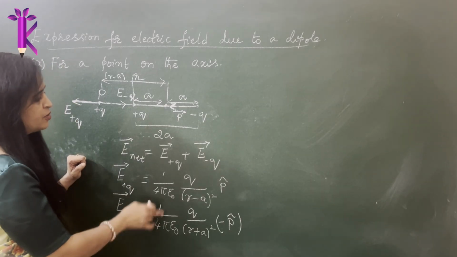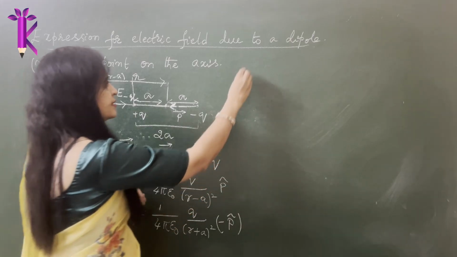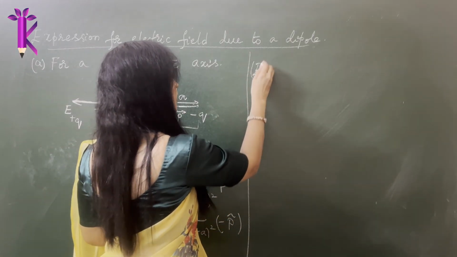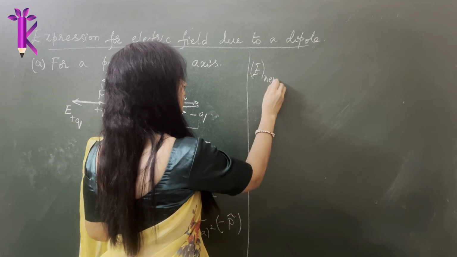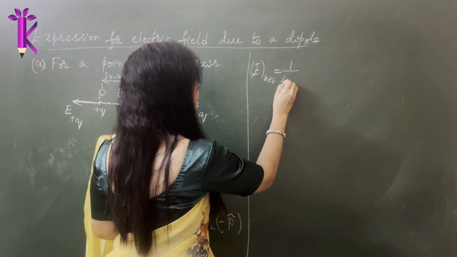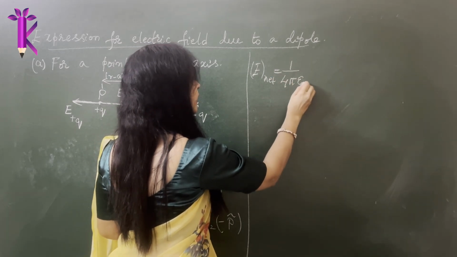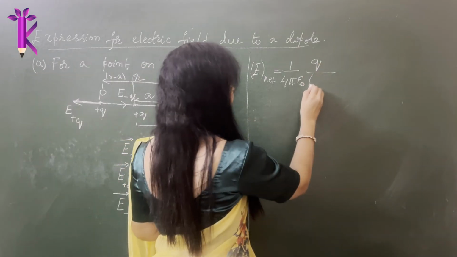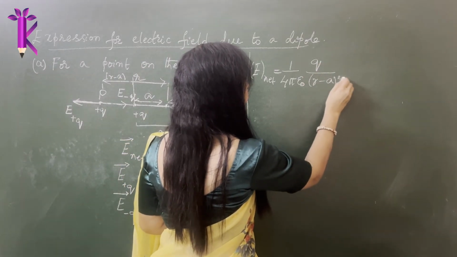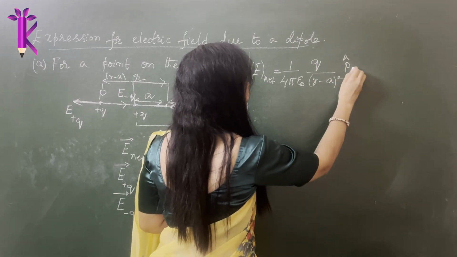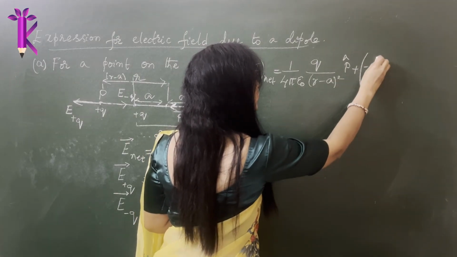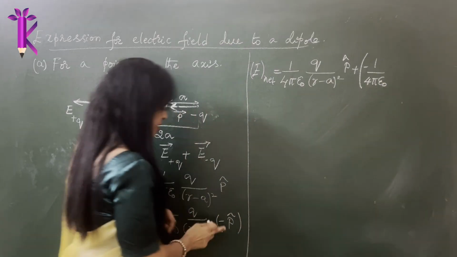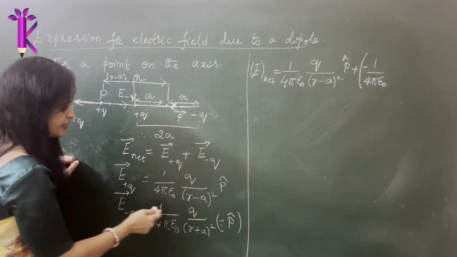Now it is time to substitute it here and add them. Let's try and do that. Therefore the net electric field will be equal to 1 by 4 pi epsilon naught, q divided by r minus a the whole square, into vector p, plus minus 1 by 4 pi epsilon naught. Why minus? Because I'm writing this minus here.